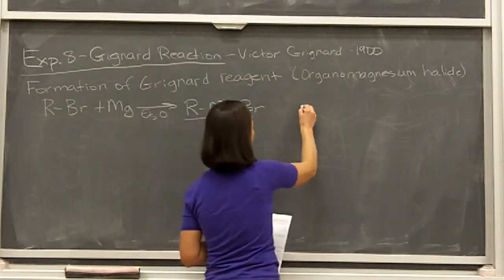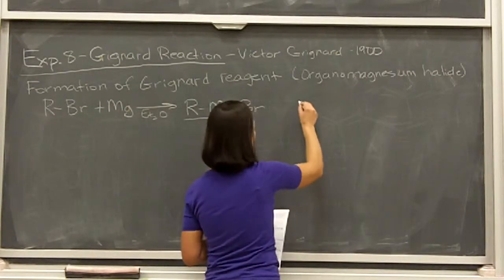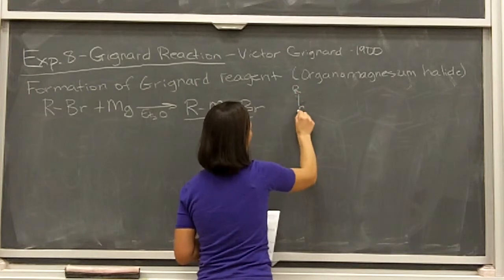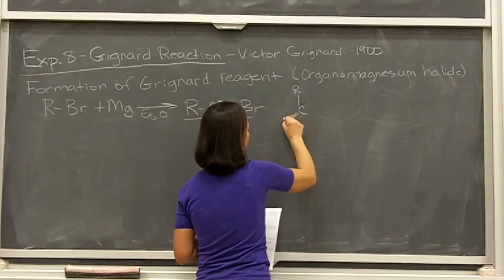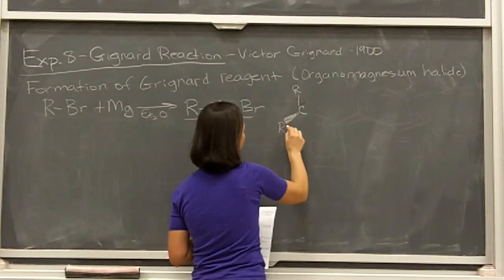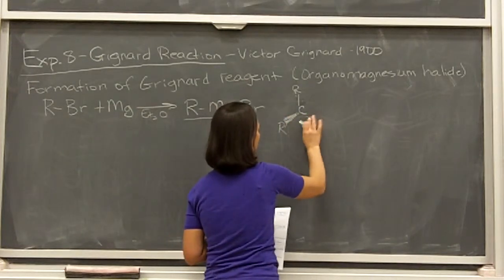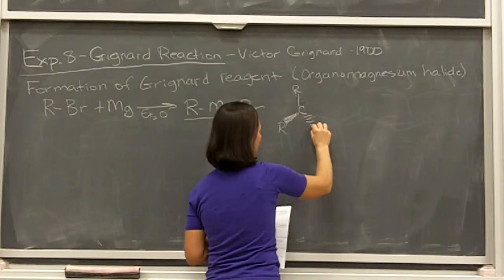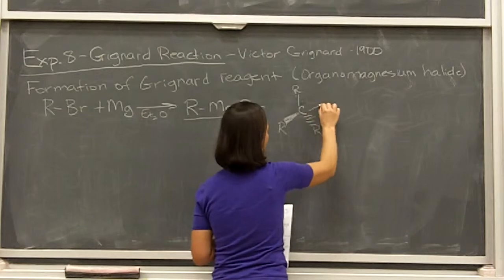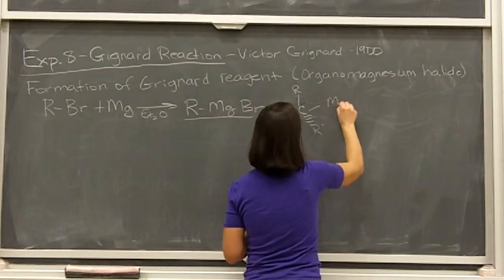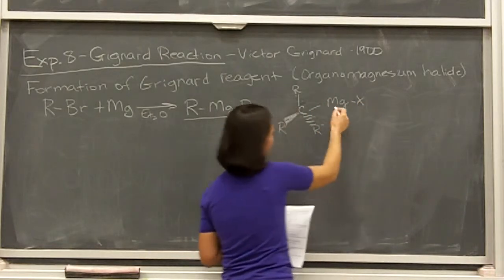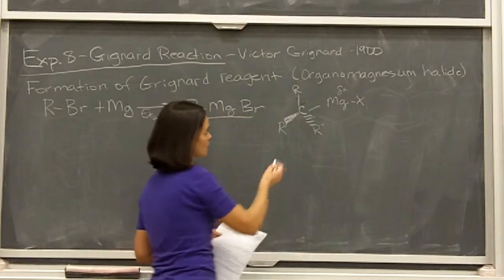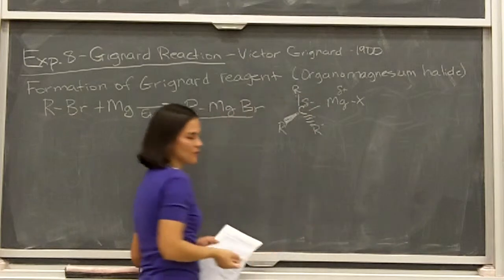The important part of our Grignard reagent is the partial charge due to that magnesium that ends up on the carbon that the magnesium is attached to. Magnesium is a metal. It's usually going to take on positive charge. So our carbon has a partial negative charge.